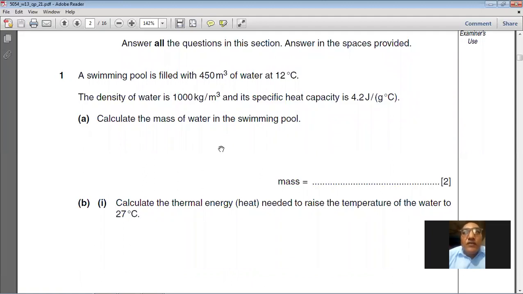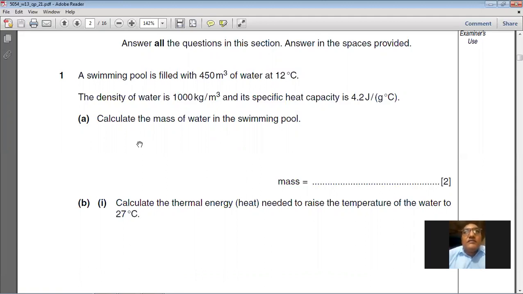Before we start this question, on your hard copy of the paper, underline this. You can see here that the unit of the mass used in the specific heat capacity is grams. Okay, the A part is calculate the mass of water in the swimming pool.